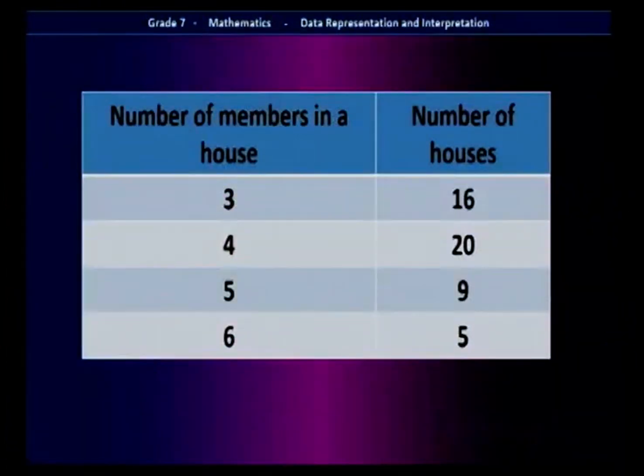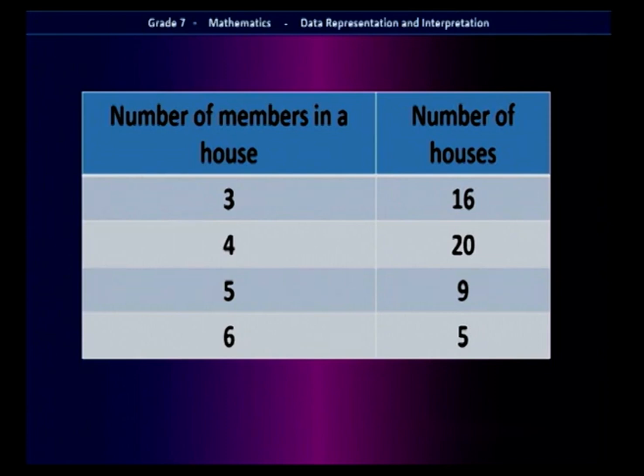Now let's see this data using another table. What is it? Now we can use only numbers. Number of members in a house, I wrote them using digits: 3, 4, 5, 6. Then number of houses.